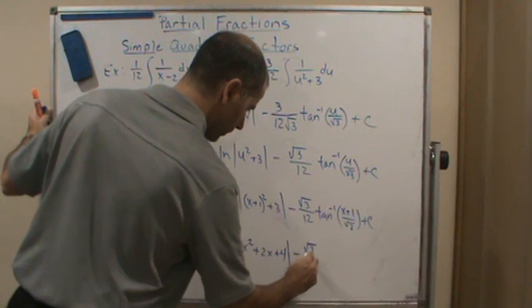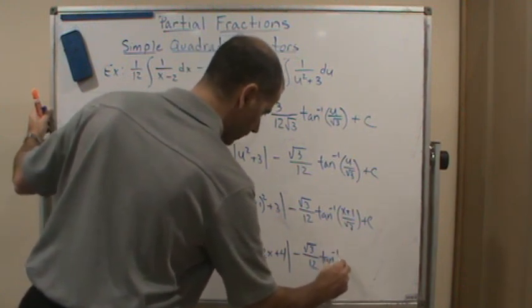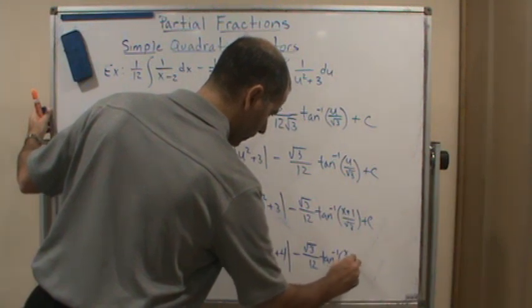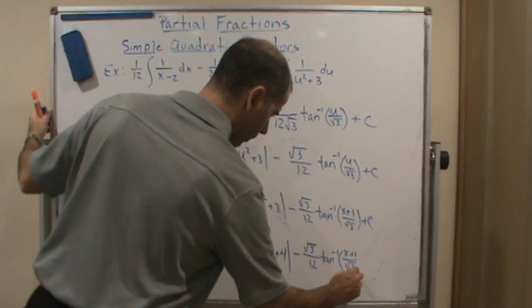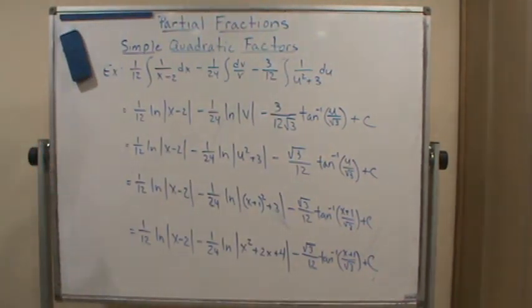Minus the square root of 3 over 12 tangent inverse of x plus 1 over the square root of 3 plus c. And that is the final answer.